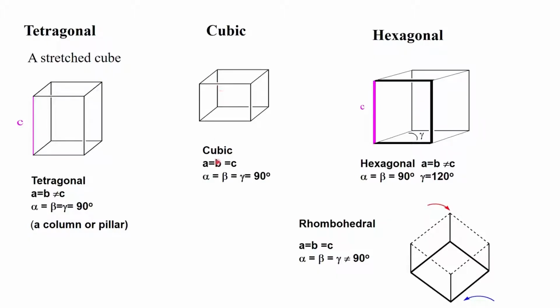This now defines a tetragonal system, and in the case of a cubic system, now what we do is we compress this system and we get A equals B equals C, alpha, beta, gamma are 90 degrees, a very symmetric isometric system in fact. These are also referred to as isometric crystal systems.